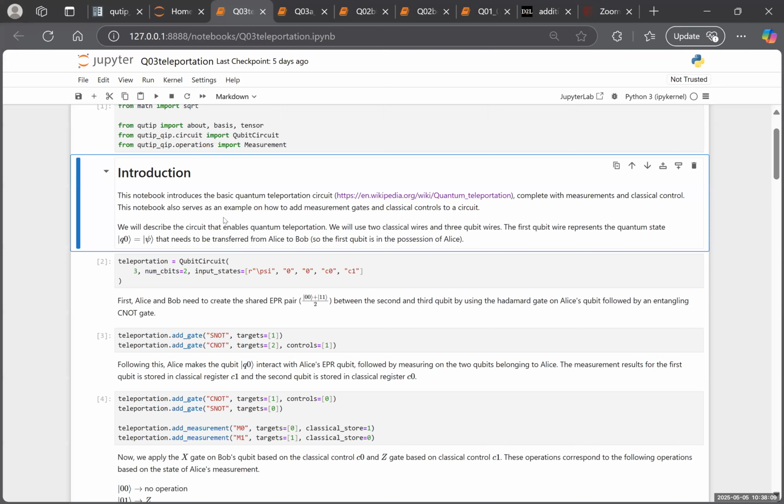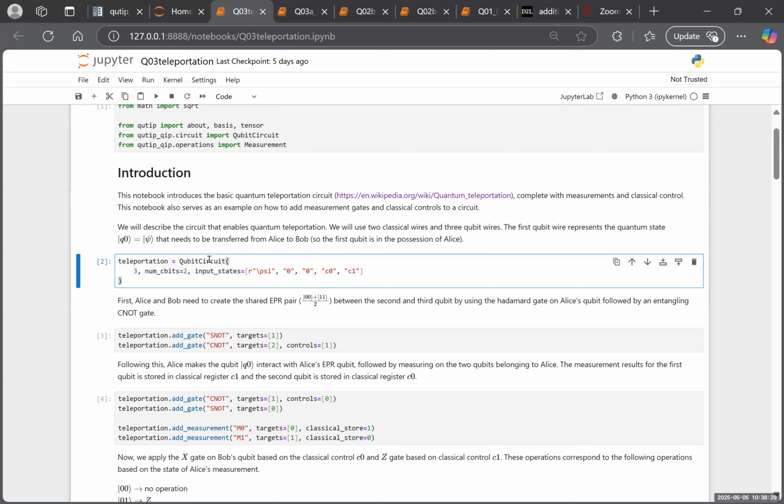Okay, so yeah, you all know teleportation. So here we describe the circuit that enables teleportation. We use two classical wires, 3 qubit wires. The first qubit wire represents the quantum state that will be teleported. So this defines the circuit, QubitCircuit, named teleportation, with 3 qubits, number of cbits, and input state.